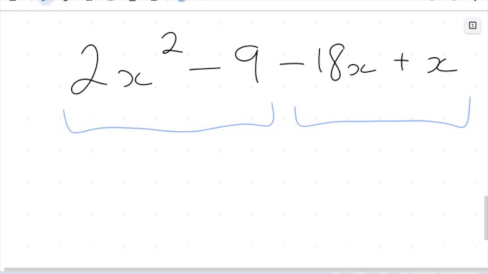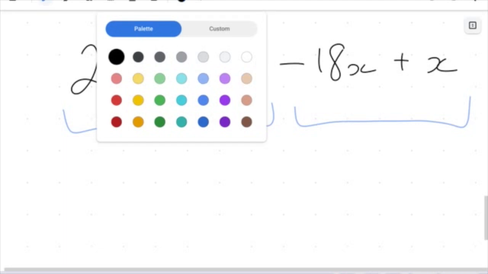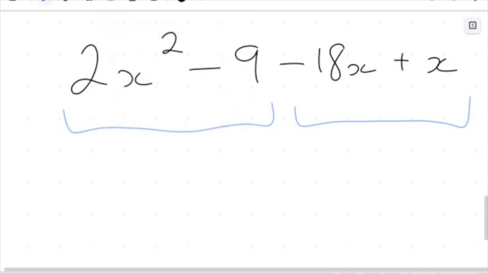I can do it for this second one. I can say that's like saying x outside of minus 18 plus 1. I can factorize that there, but that doesn't really do anything for me.